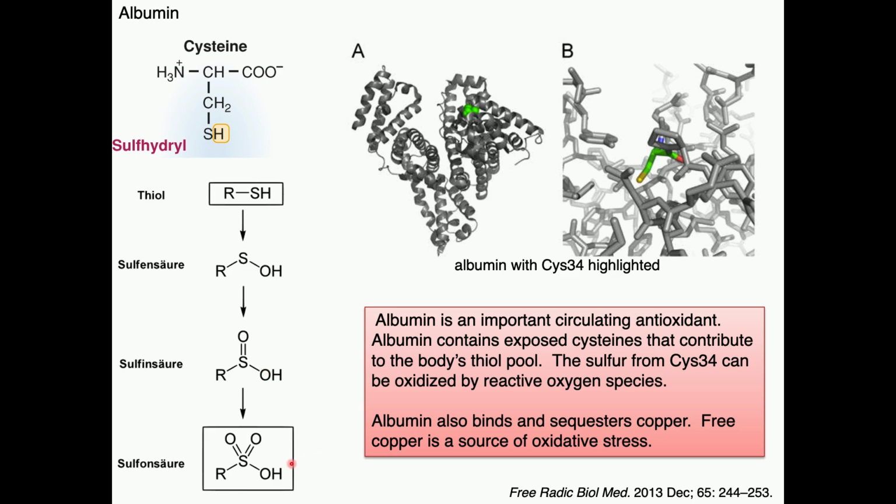Anyway, this is how that sulfhydryl group on the albumin can get oxidized, and that allows it to act as a single electron sink and as a non-enzymatic antioxidant in our blood.